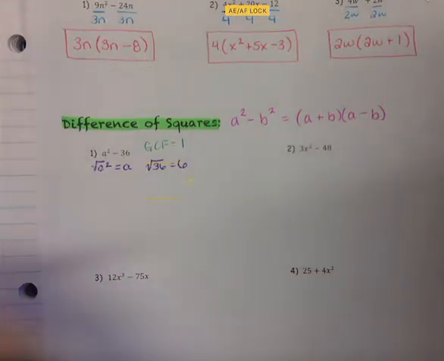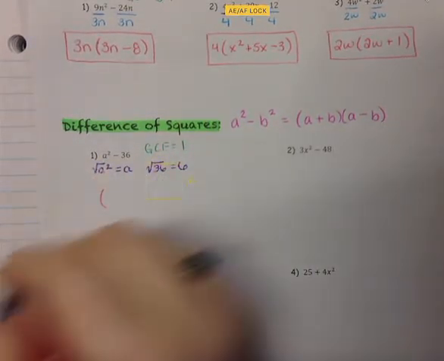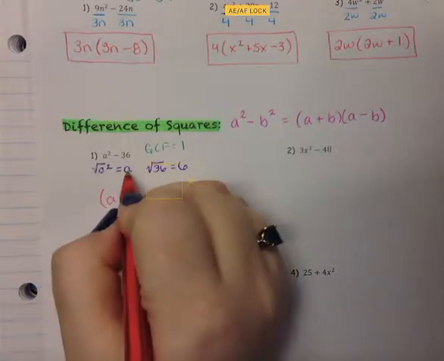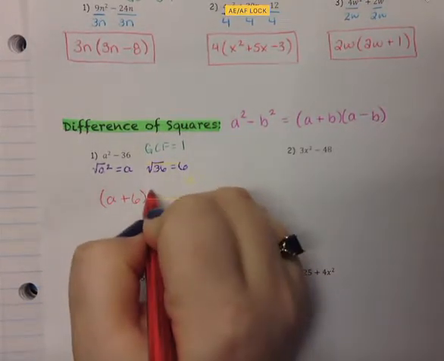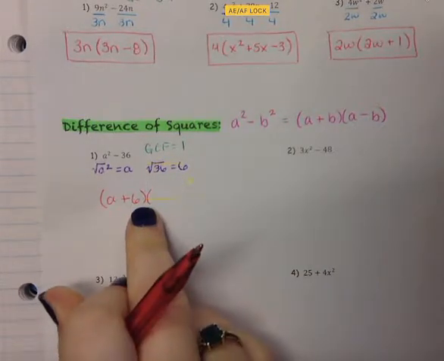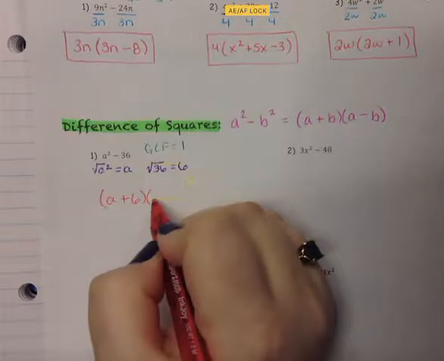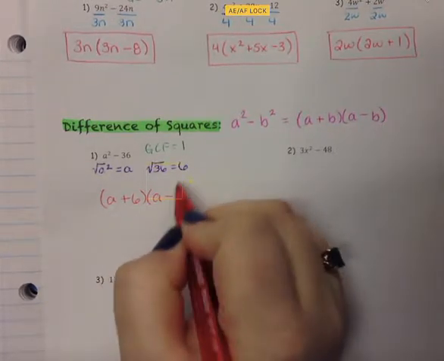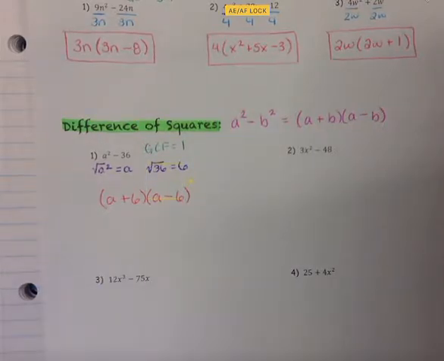And because our GCF was just 1, I don't even have to put that on the outside. I'll have my parentheses. I'm going to put a, because my first term, plus 6, close parentheses, open parentheses. Notice I don't leave any space between them because this is a multiplication. I put my first term back in there, a, but now it's minus, and then my second part of 6. This is our difference of squares.